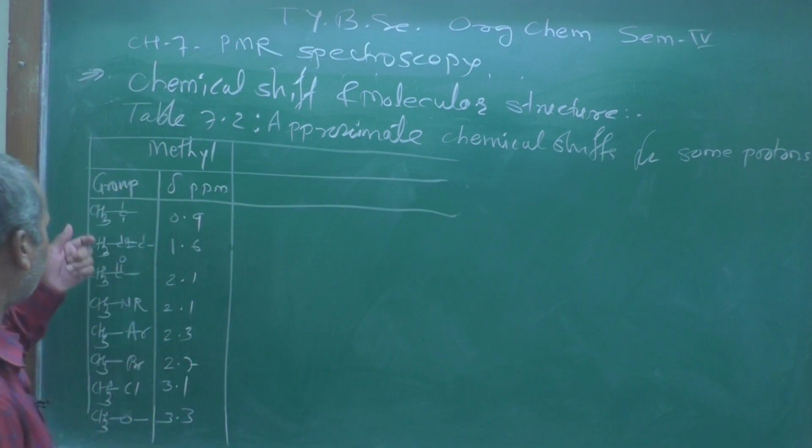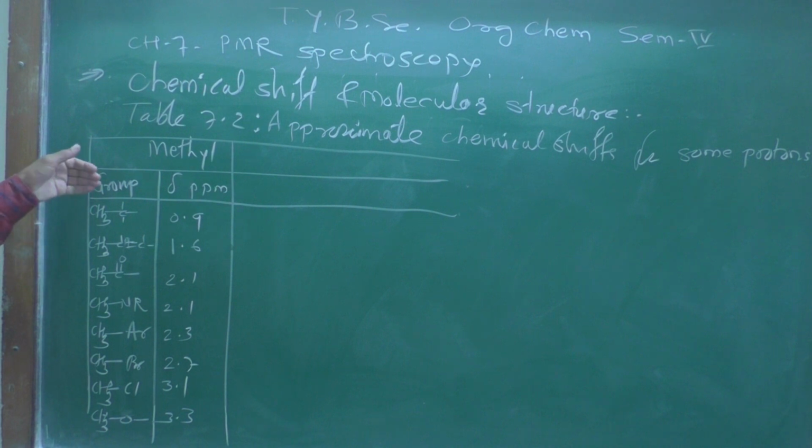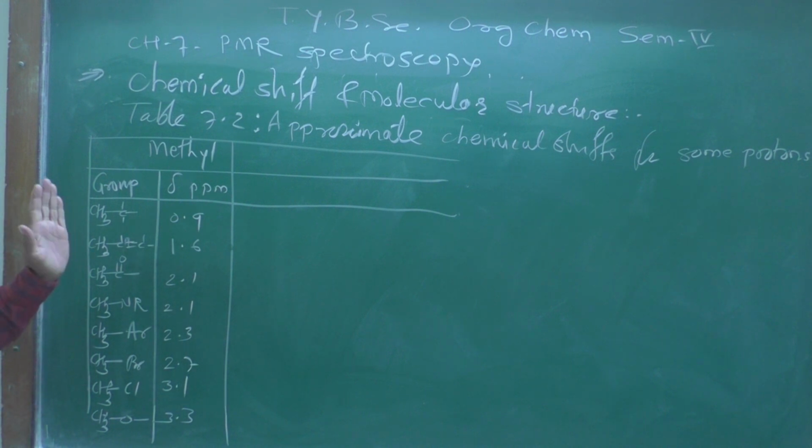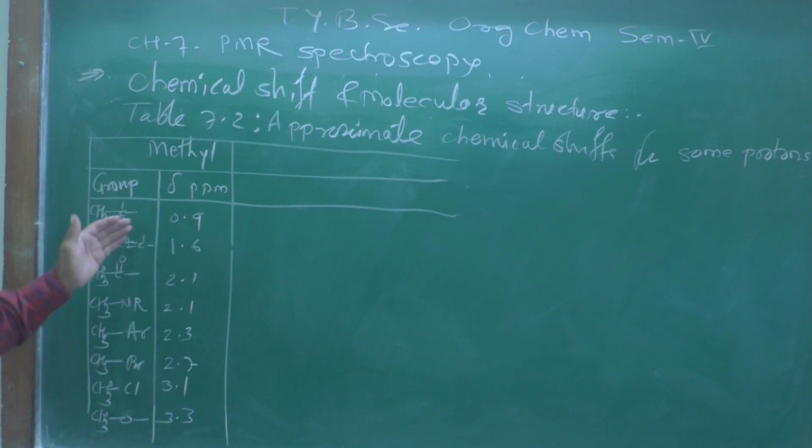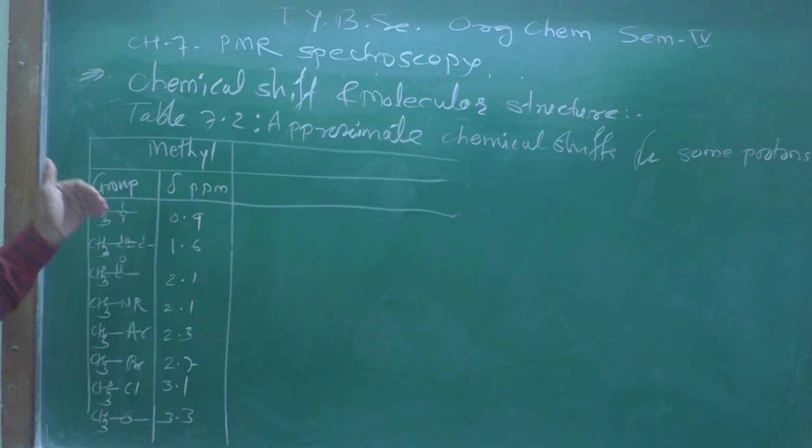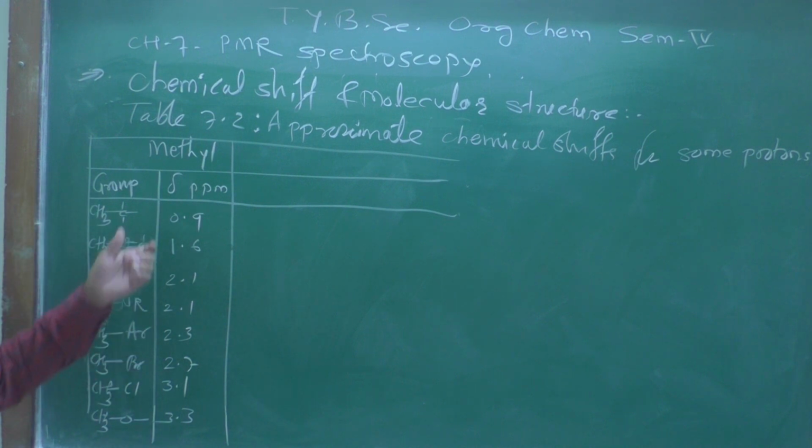Always remember, in all the groups the common thing you observed here is that all are methyl groups. The attachment of that methyl group to carbon or some other element shows different chemical shift, or what we can call delta value or ppm.